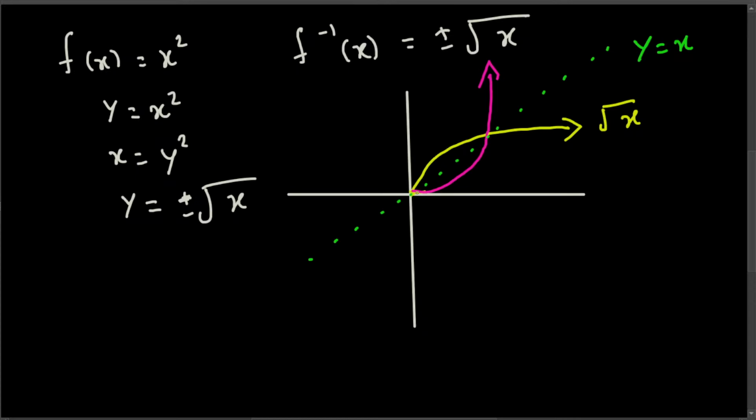If I continue y is equal to x square on the negative x side, the left side, it's going to look like this. It's going to be a parabola opening up. And if you continue y is equal to square root of x in the negative y axis, it's going to look like this.